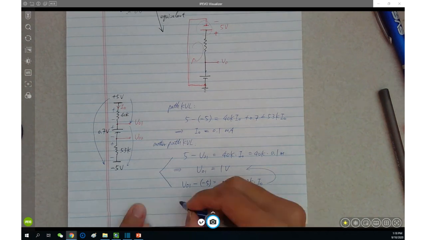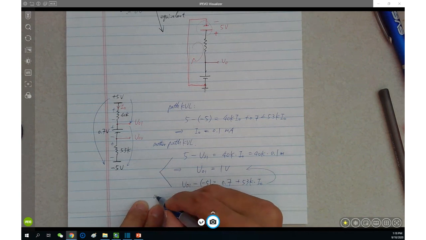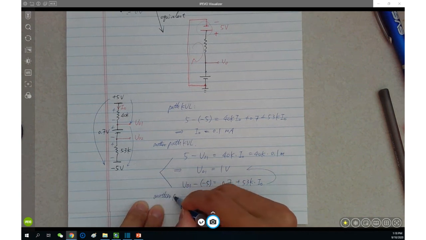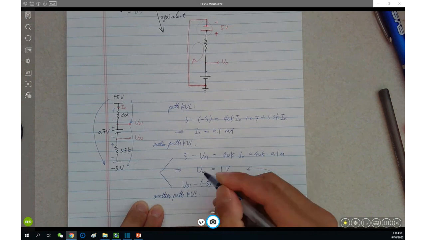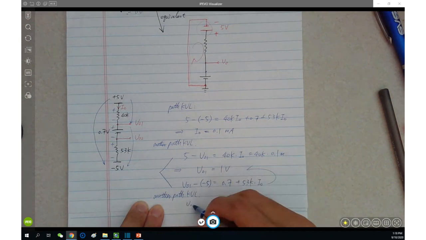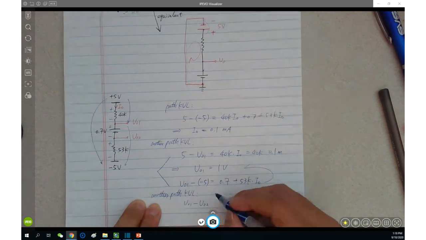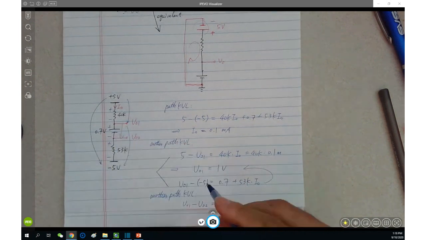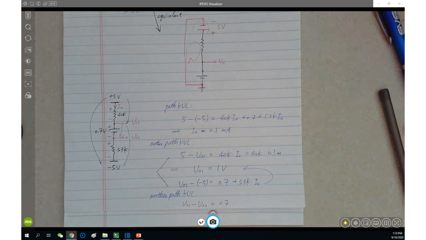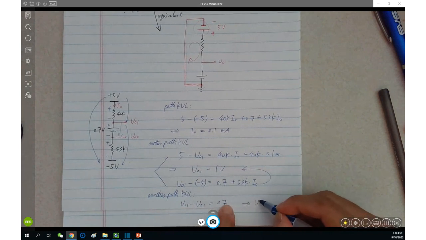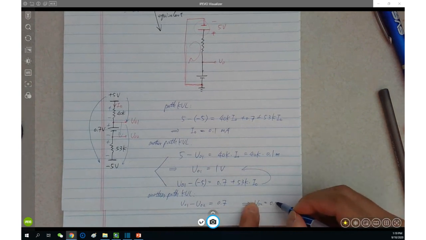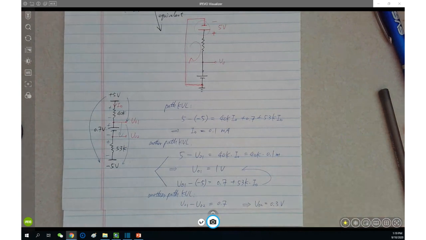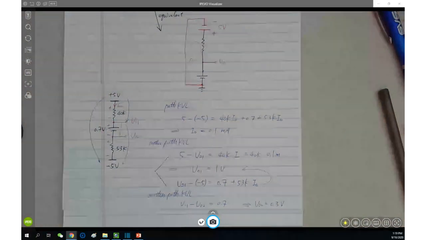However, I'm seeing we're still applying pass KVL. V naught 1 minus V naught 2, along this pass, has only 1.7 volts in the middle, right? And then it's easy enough to find V naught 2 as 0.3 volt. Again, pass KVL always works.